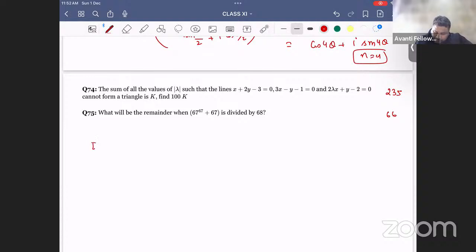So if first and third are parallel, so 1 by 2 lambda is 2 by 1 is 3 upon 2.